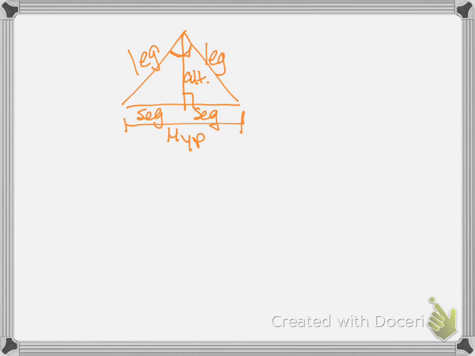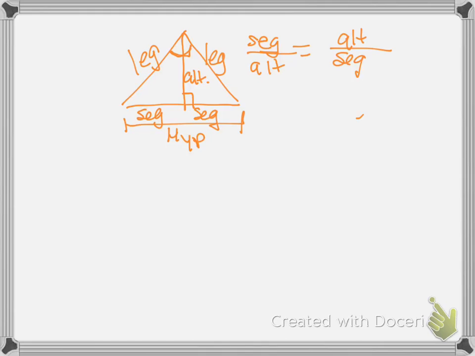So there are two types of proportions. One is with the altitude. The altitude is the geometric mean, so it goes here and here. It doesn't matter if it's a number or a letter, it's always going to go in that position. It's the geometric mean between the two segments of the hypotenuse.